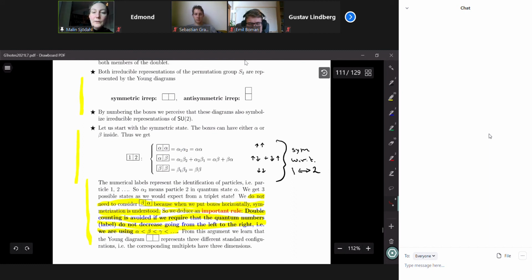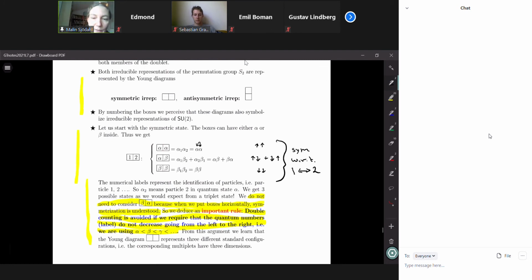So the particles are then in state alpha alpha. This state is obviously symmetric with respect to changing position. So if I would change those alphas, I would still have particle 1 being in alpha and still particle 2 being alpha. So it's obviously symmetric.